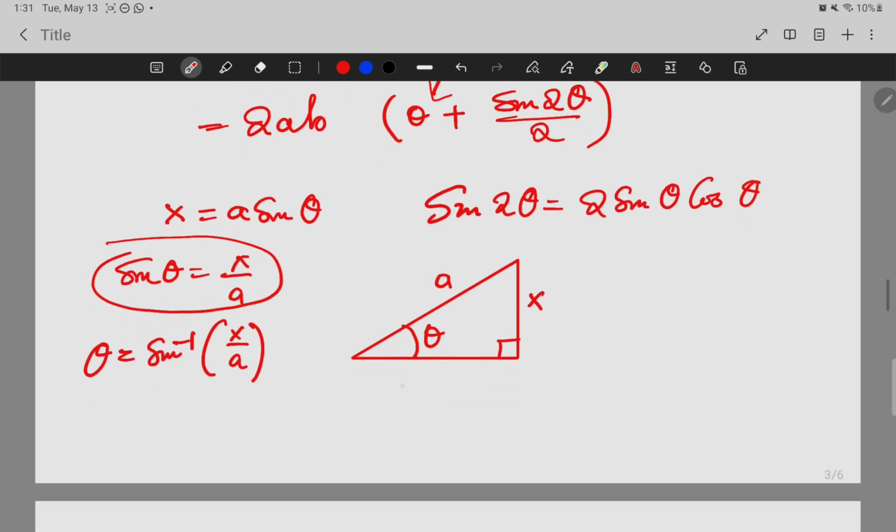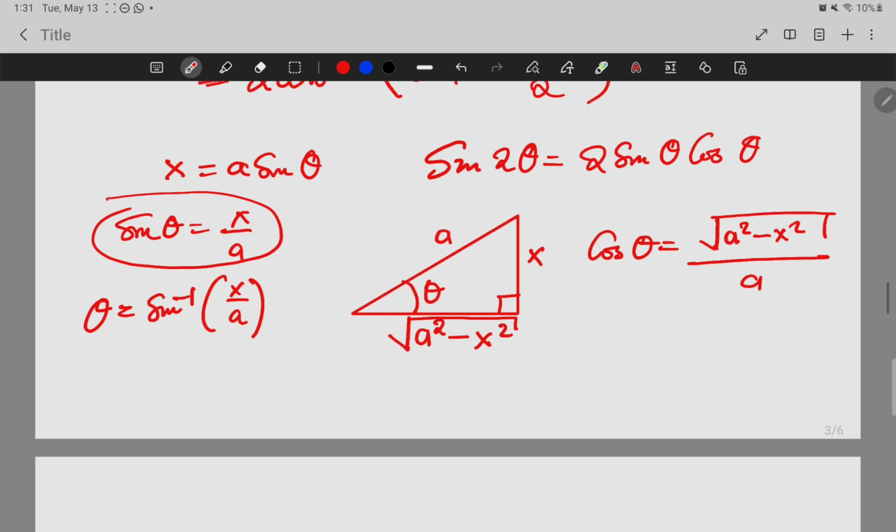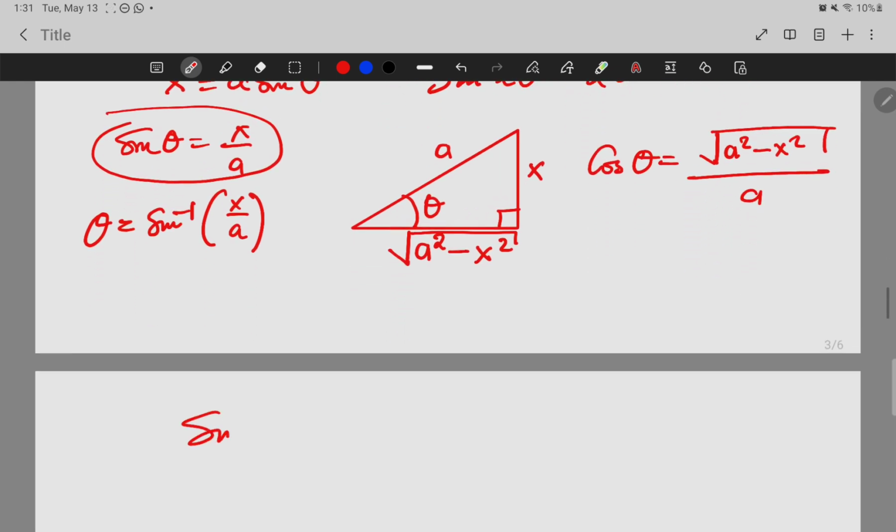So using Pythagoras theorem, we get the base to be the hypotenuse squared, which is a squared, minus the opposite squared, which is x squared. Meaning that cos theta will be equal to the adjacent, which is root a squared minus x squared, over the hypotenuse, which is a.